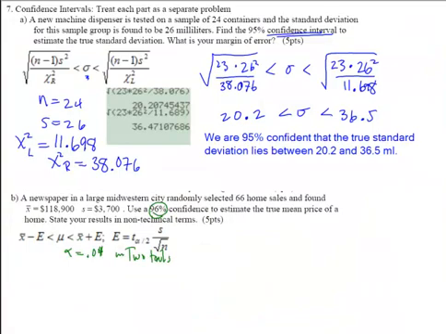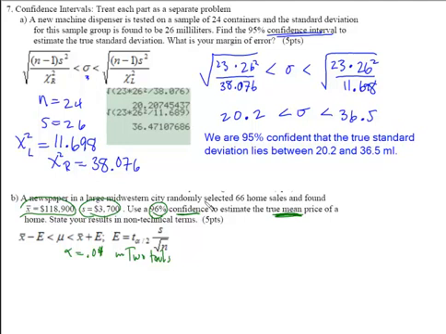So let's look at our information again. We have a mean and a standard deviation for the sample, and we're looking for the confidence interval, estimating the confidence interval for the mean.